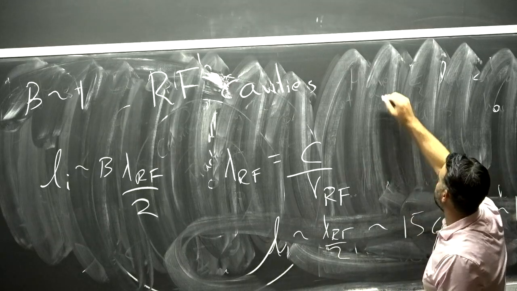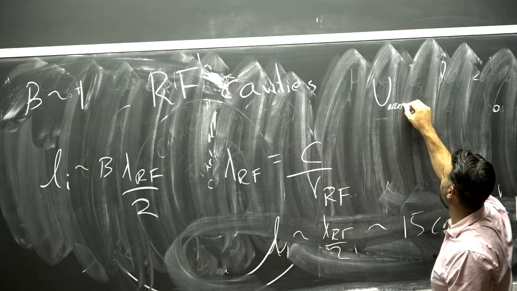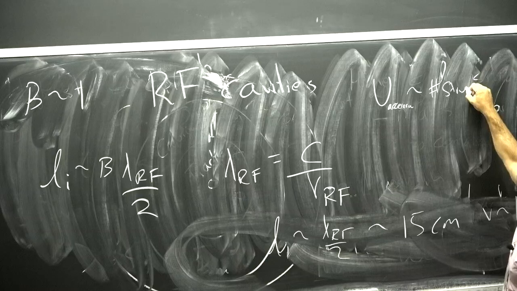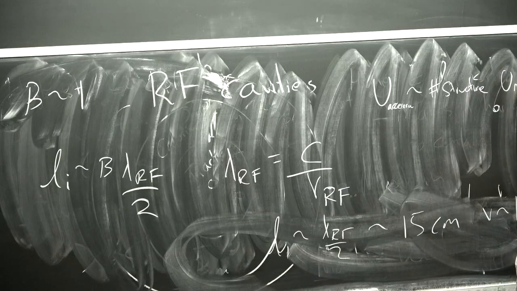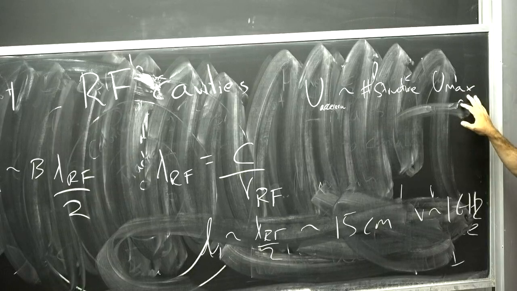The trade-off is if my U that I can accelerate to looks like the number of structures times my Umax of these structures, what I'm essentially going to have is, if I'm stuck with the size of these things being not tiny, like tabletop or on a chip, these things are going to be very large if I can't get a much larger Umax.